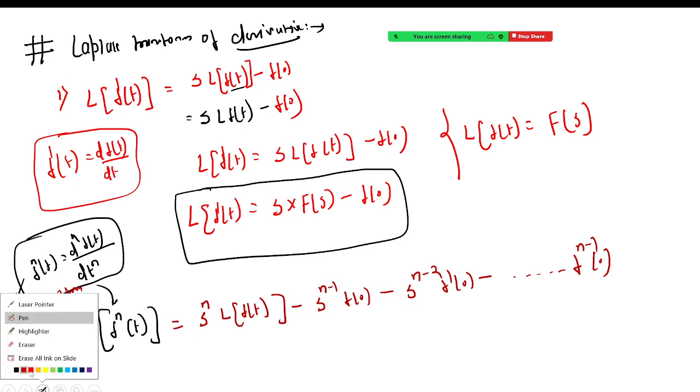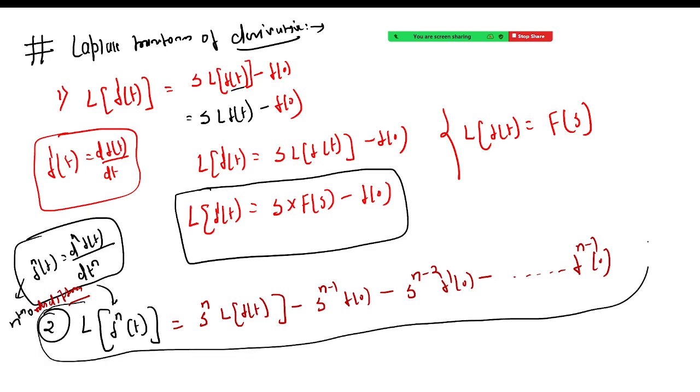This is a very important formula that you need to keep in mind whenever you are solving problems. These two formulas are used to solve differential equations with the help of the Laplace transform. So I'm just giving you the simplest differential equation today. After that we'll move forward.